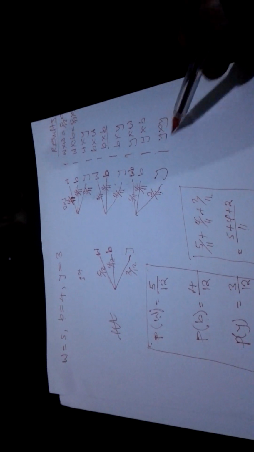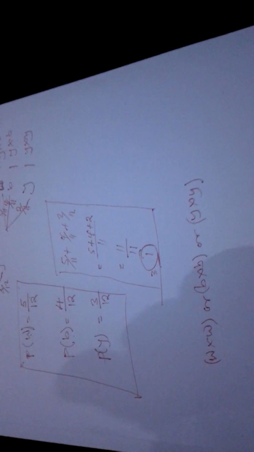So blue times blue, or the other selection of the same color is Y times Y, yellow times yellow, which is Y times Y in that selection.